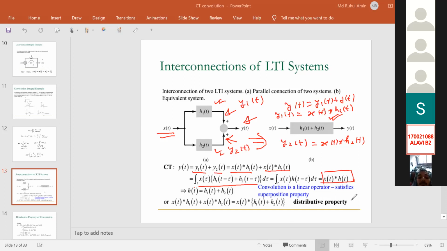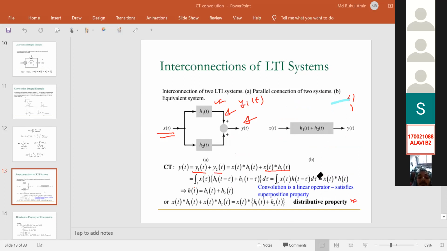This property is the distributive property of the convolution integral. This is also related to linearity and superposition. You can think that the output is the superposition of the outputs of your two individual subsystems.